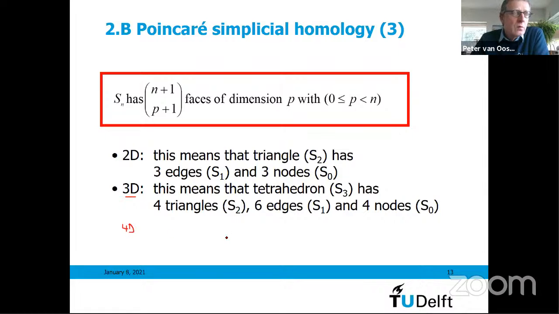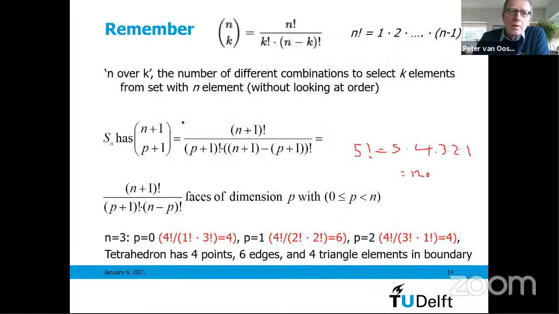Then you should figure out how many tetrahedra are bounding the 4D hypertetrahedron, the 4-simplex. Of course it is 5, because the number of boundaries is n+1, but you can also apply this formula for the lower dimensional primitives.